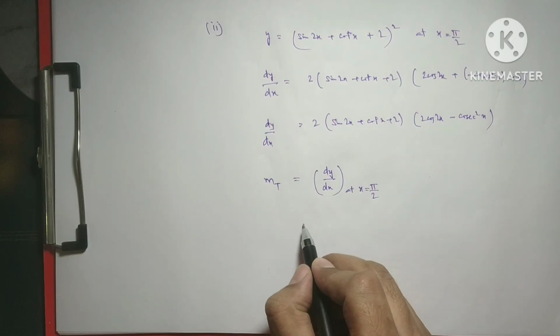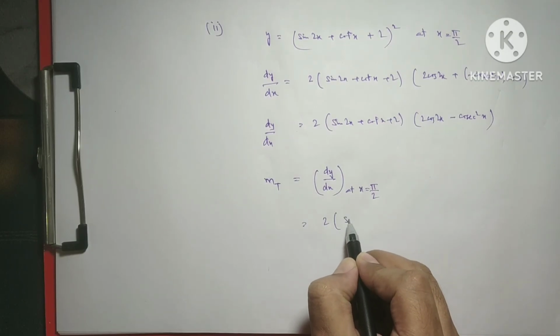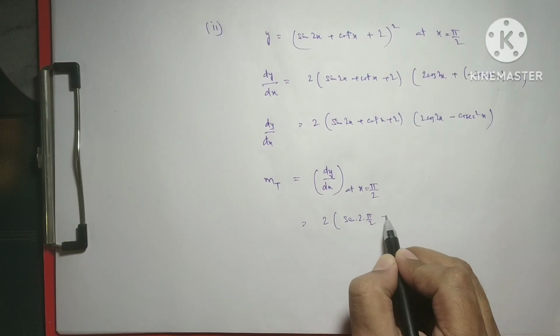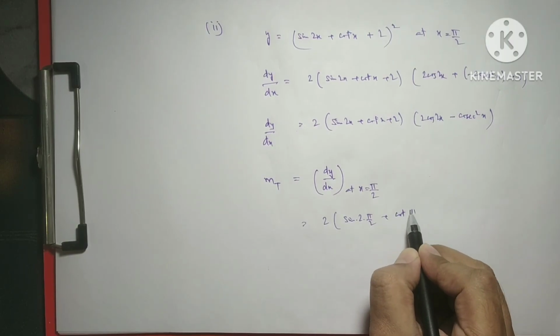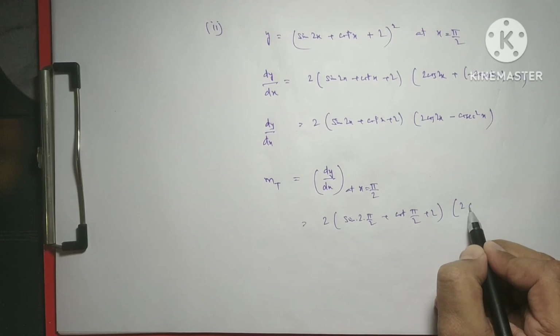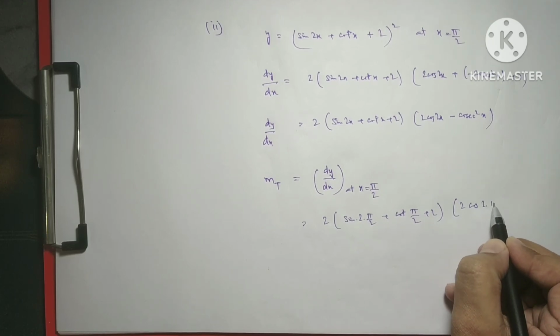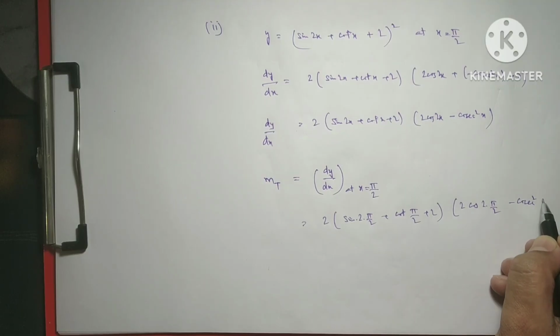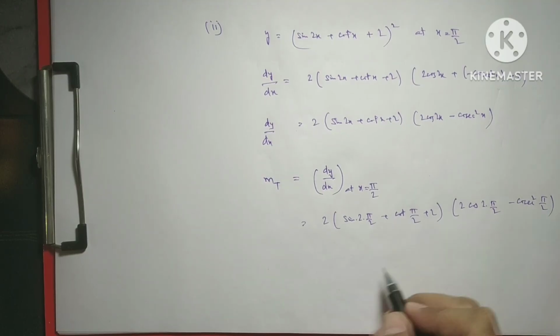So it will be 2 (sin 2 into pi by 2 + cot pi by 2 + 2) into (2 cos 2 into pi by 2 minus cosec square pi by 2).